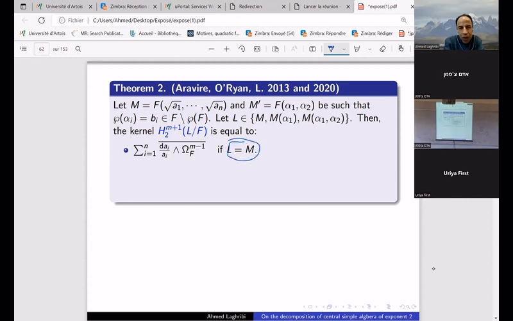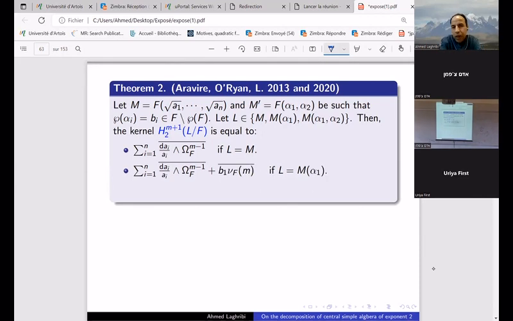If L is M, the kernel is what we expect. There is no surprise. If we add a separable slot, the kernel is also what we expect, but here we have, of course, a new factor because we add a separable slot.